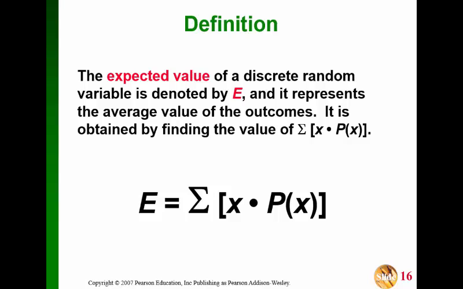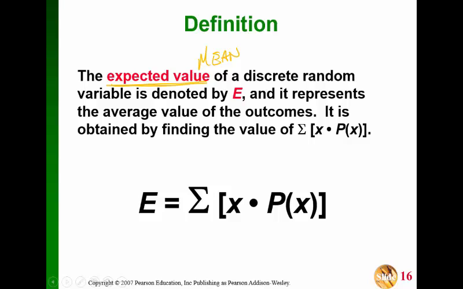Here's another definition for discrete probability distributions: the expected value. The expected value of a discrete random variable is given by this formula. Now, if you're looking at this formula and saying, hey, that formula looks familiar, what is it? It's the mean. So in the case of probability distributions, expected value is the same as the mean.